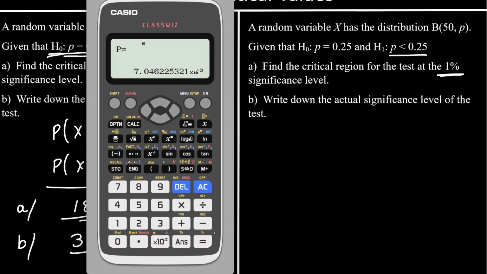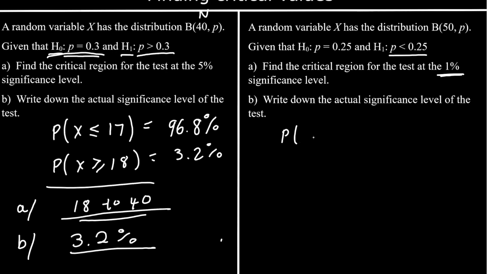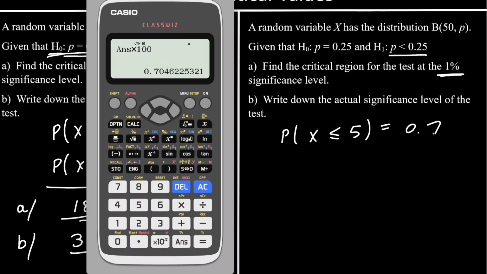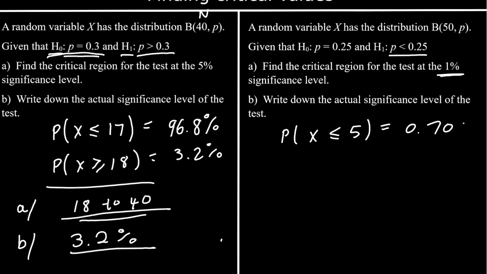So the probability of 5 or less, what's that as a percentage? Times it by 100, 0.7%. So the probability that X is less than or equal to 5 is 0.705%. So the critical region is anything from 1 to 5.